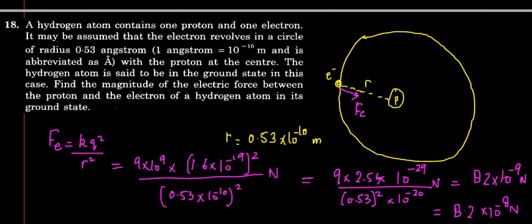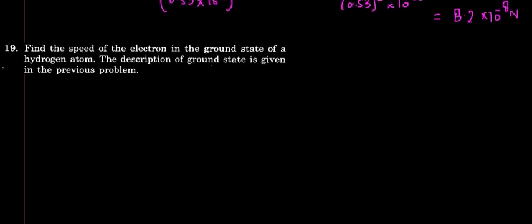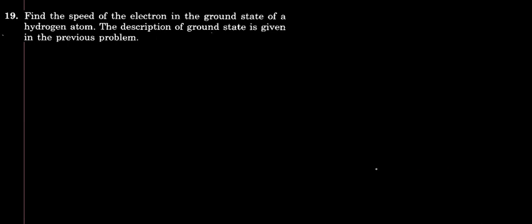Okay, let's move quickly to the next question. This is our next question. Question 19. It says: find the speed of an electron in the ground state of a hydrogen atom. The description of the ground state is given in the previous problem, of course. We have already found the force acting on the electron in the ground state.